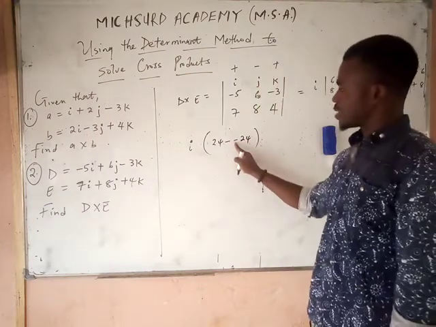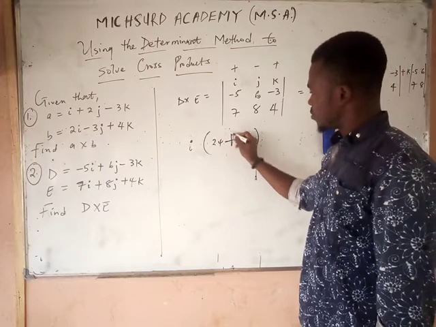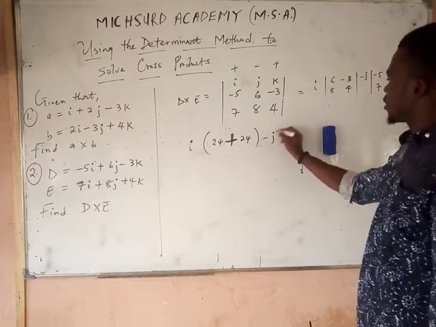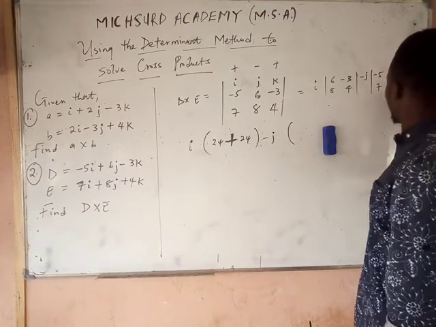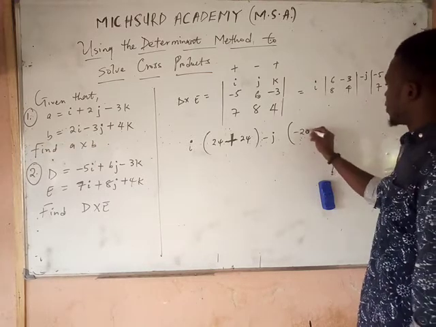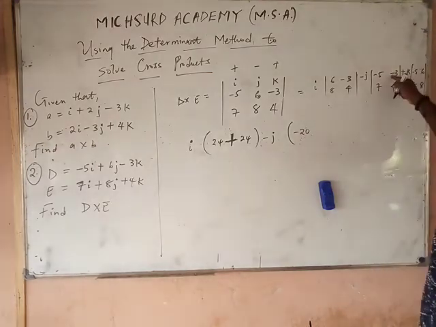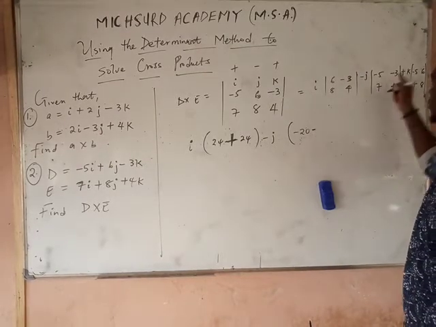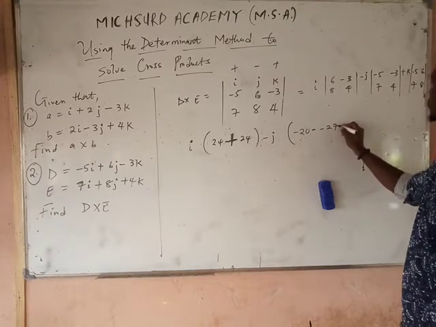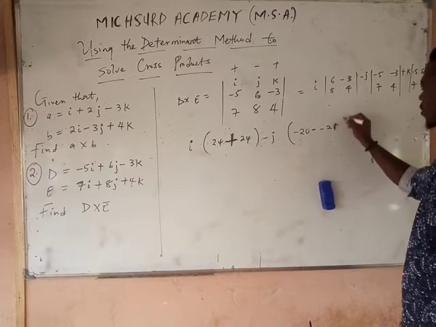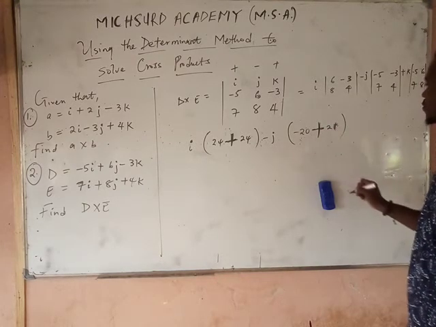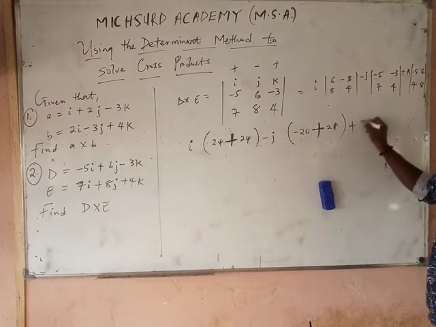So we have minus times minus will give us plus, right? Good. So we have the next one, minus j. Then we cross multiply minus 5 and 4. Minus 5 times 4 will give us minus 20. Then minus, we put our minus first before doing the next. Minus 3 times 7 will give us minus 21. Okay, so we have minus times minus, which is positive. Good.